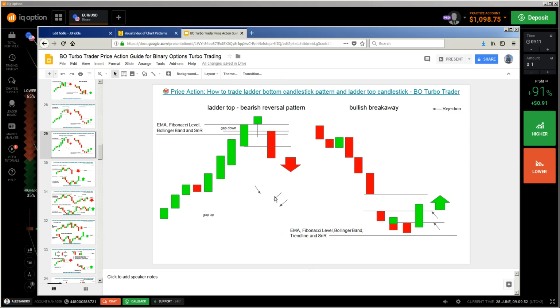Or you trade it from this area here, from the previous wicks of this candle, that can be used also. That is the next one. Or you trade it from the support and resistance area itself. That is also a possibility.